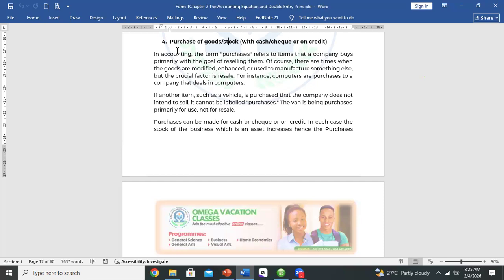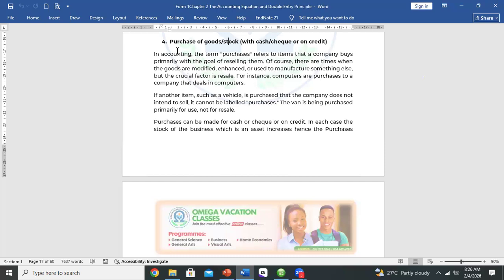For instance, computers are purchases to a company that deals in computers. If another item, such as a vehicle, is purchased that the company does not intend to sell it.